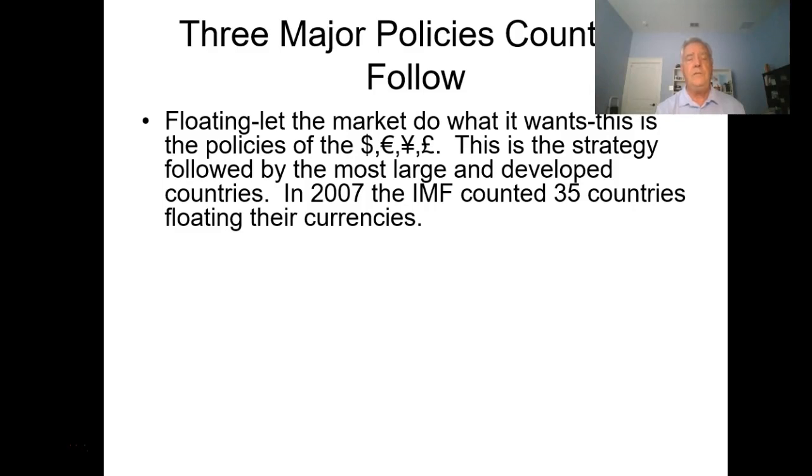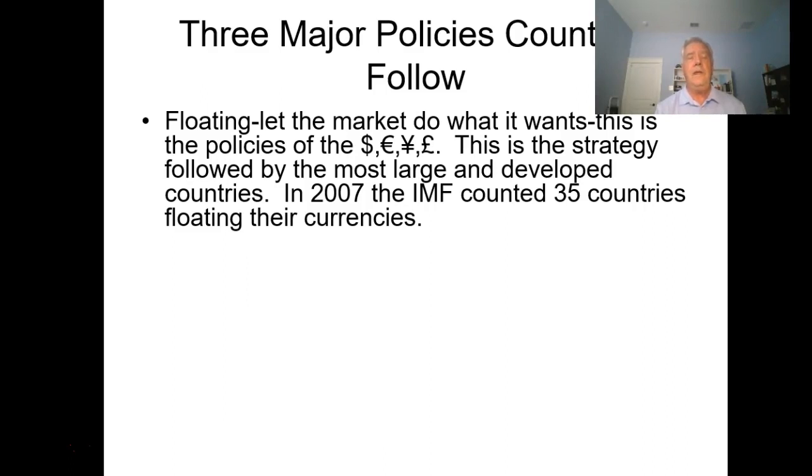And this is the strategy most large developed countries follow. What it means is that we're not going to go in and interfere in the marketplace for the US dollar. Or we're Germany, and we're not going to interfere with the value of the euro. Japan, we're not going to interfere with the value of the yen or the pound sterling. It's left to trade, and whatever it's at, it's at. Nobody does anything different.